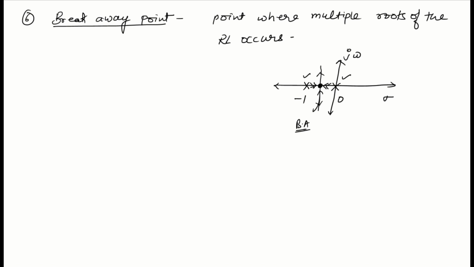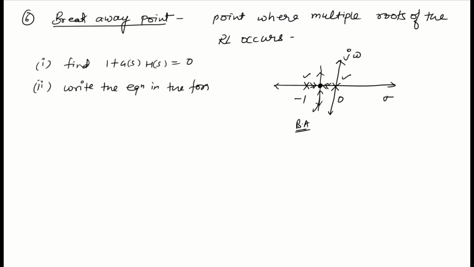There are some steps to calculate the breakaway point. First, we need to find the characteristic equation, 1 plus G(s)H(s) equals 0. In the second step, we will write this equation in the form of k.